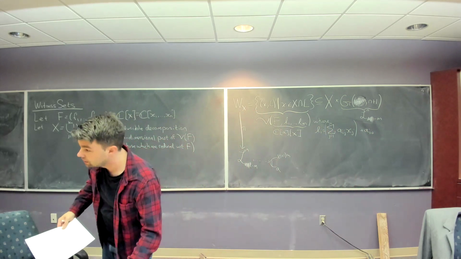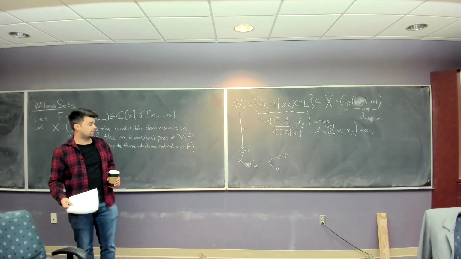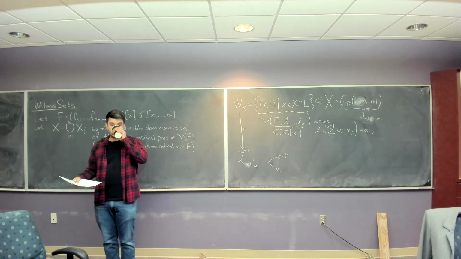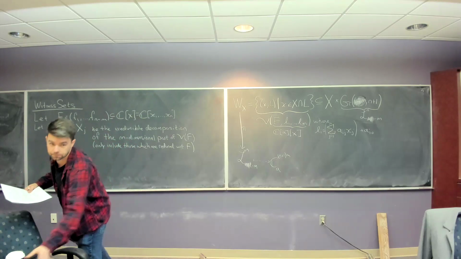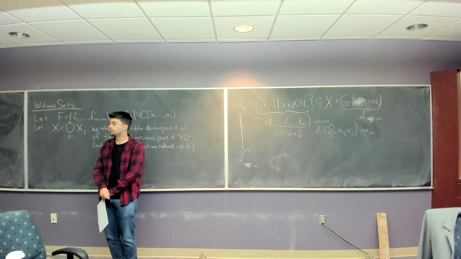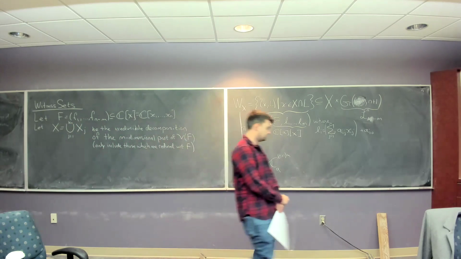And our conclusion is that there exists a generic number of regular points in a fiber of this projection. There's a generic number of regular points in the fiber of this projection. A generic fiber.